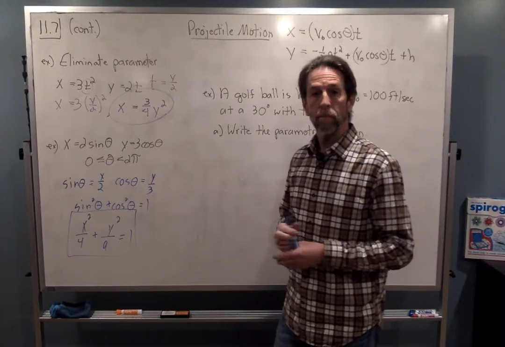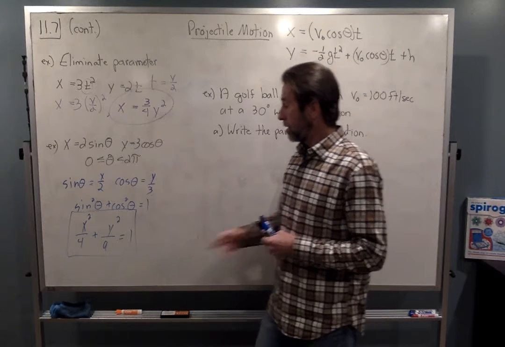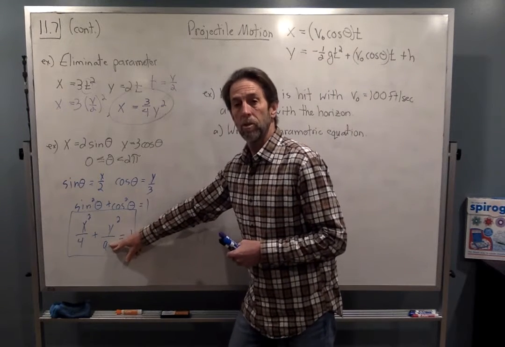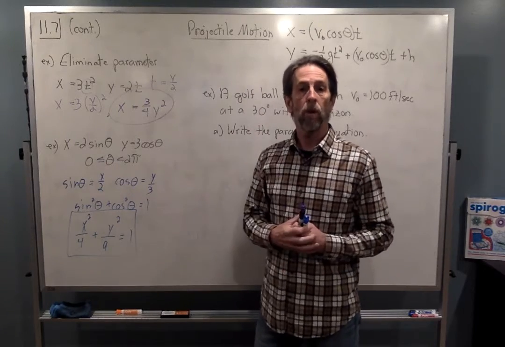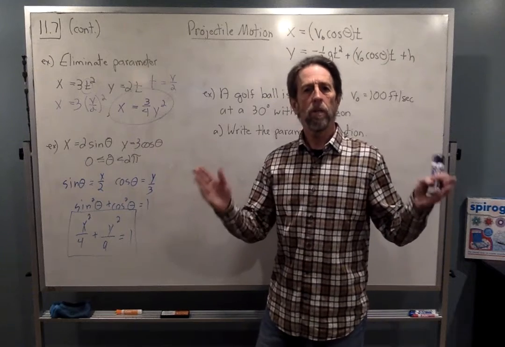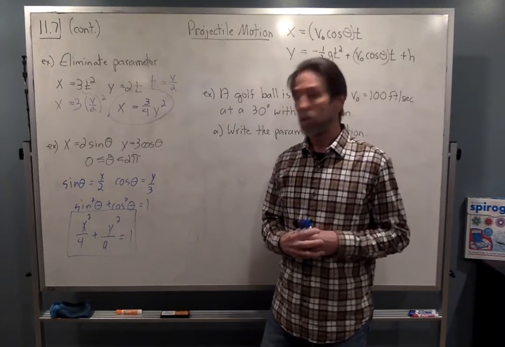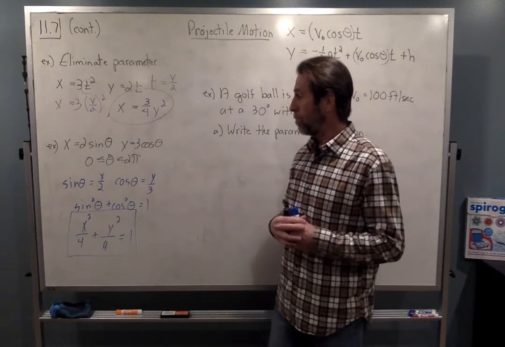That's an ellipse. The center of the ellipse is 0, 0. The major axis is vertical. So we go up 3 and down 3 to get the endpoints of the major axis. Because of this 4, we go left and right 2 to get the endpoints of the minor axis. We could find the foci if we wanted, but that's not really the point.